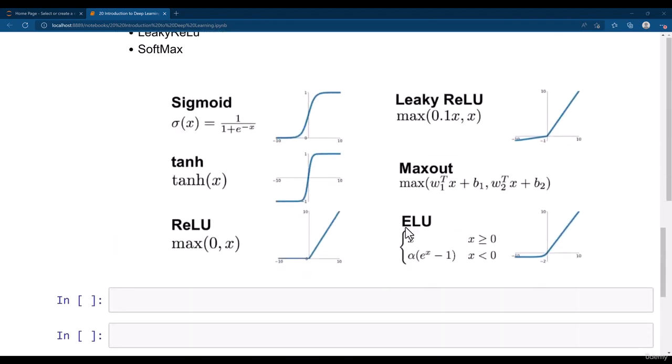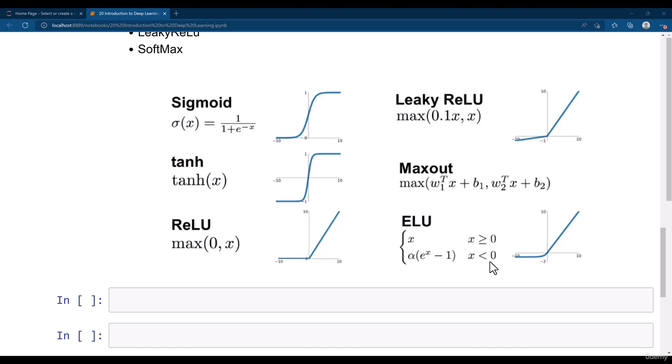And then there is the ELU. This ELU is similar to what we saw as the leaky ReLU, but the only difference is that the leaky ReLU has a sudden change at the origin, similar to the ReLU. So the ReLU and the leaky ReLU are not differentiable at 0. This becomes a smooth point when you use the ELU.